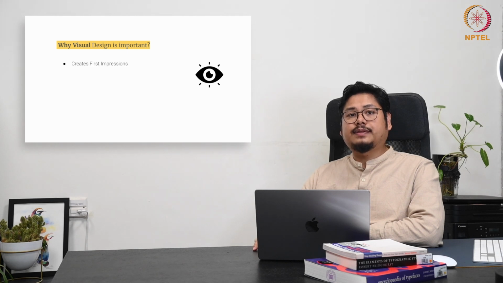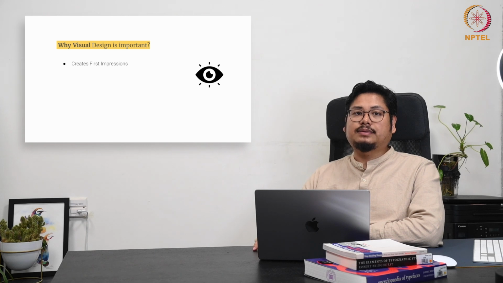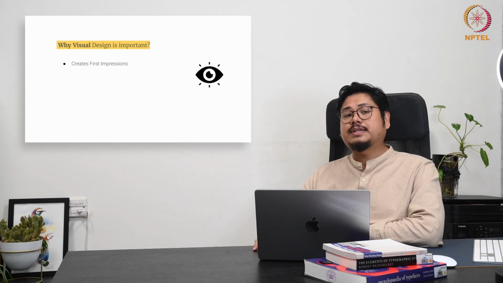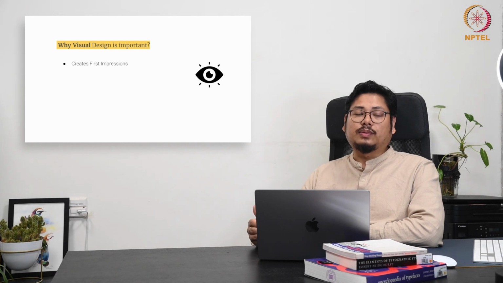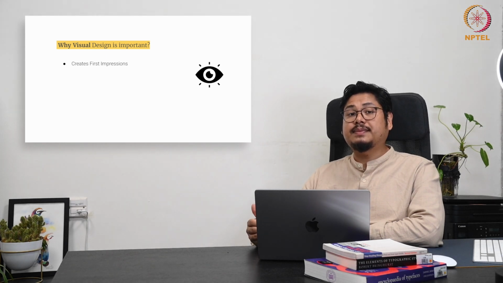It creates first impressions. What does that mean? When we look at any kind of visual design, the first thing is that it creates an impression on us, and it stays for a longer duration if the overall representation is simple.